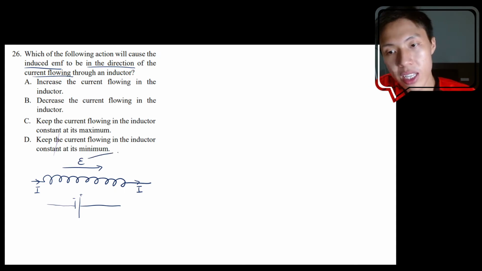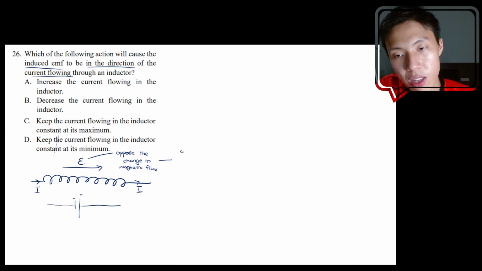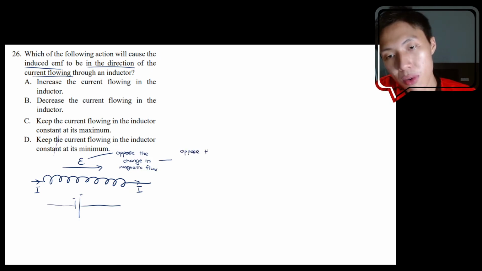You know the direction of the EMF always wants to oppose the change in magnetic flux. Opposing the change in magnetic flux means they want to oppose the change in magnetic field. That means they want to oppose the change in the current.